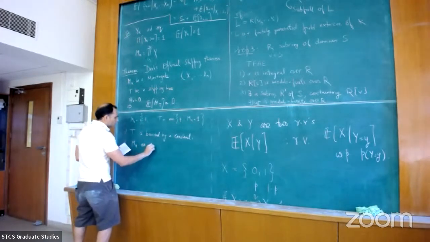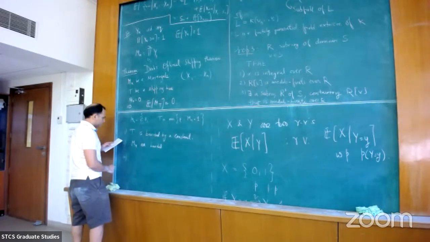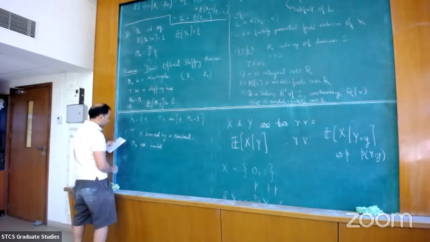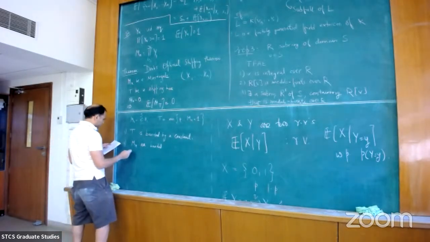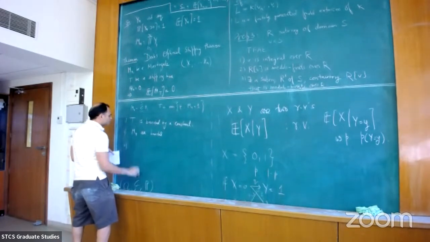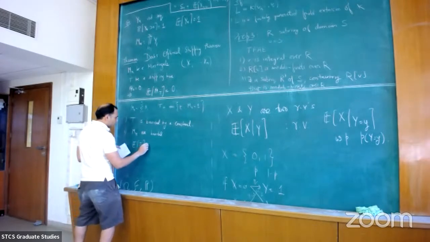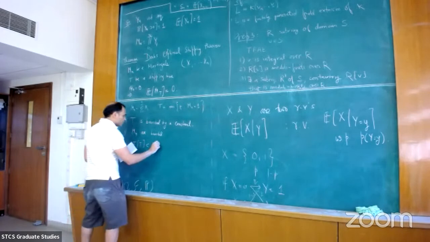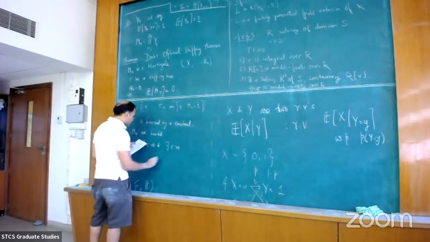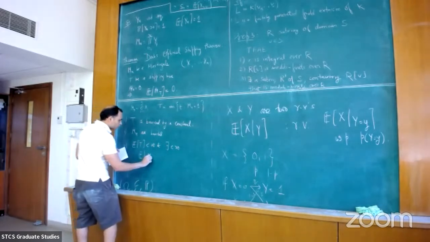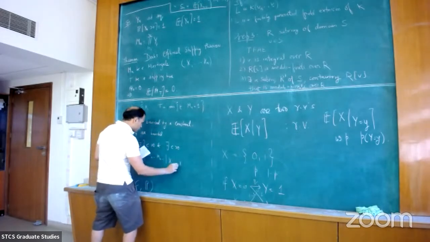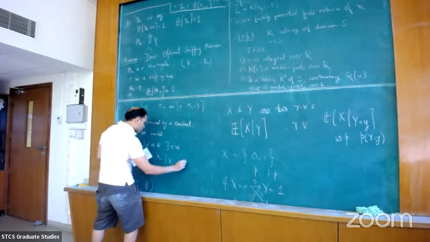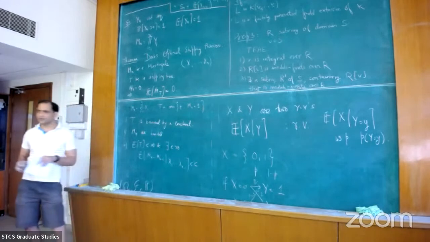Mn bounded. The expected value of T is bounded. And there exists a constant C greater than 0 such that the increments are also bounded.